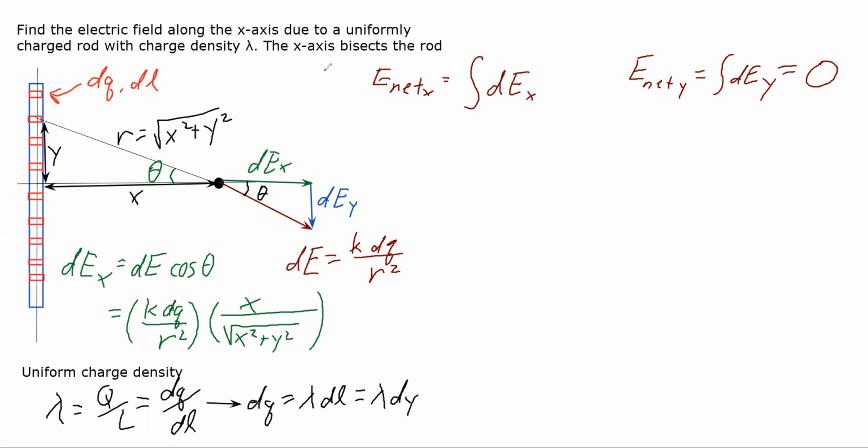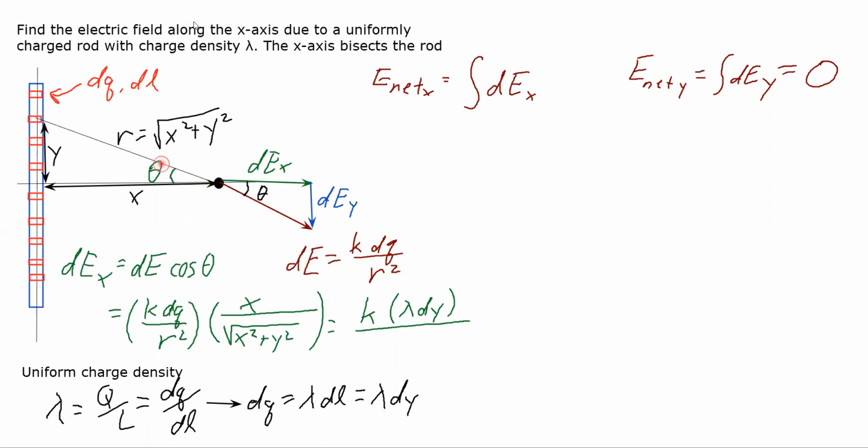Okay, so let's keep going here. For dEx, I'm gonna have k. What's my dq now? dq is lambda dy. And then r, well, what's r in my equation? Anytime we have our Coulomb's law equation, r is a distance from your charge, in this case this dq, to your point of interest.